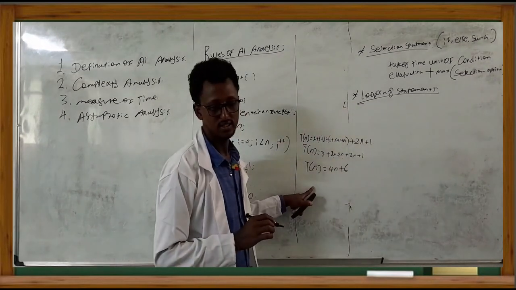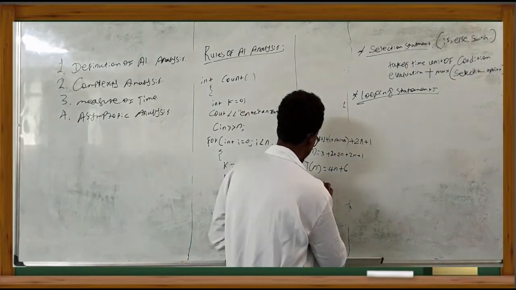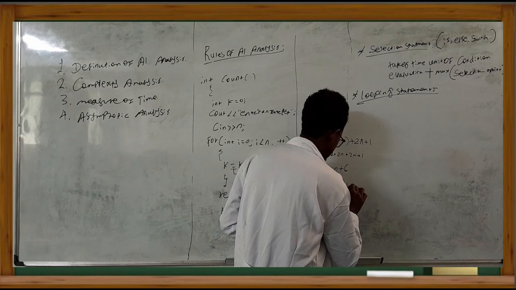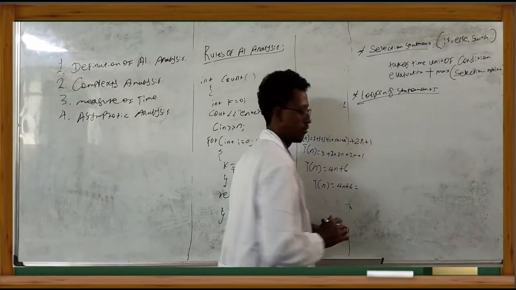Then T of n is equal to 4n plus 6, which is big O of n.